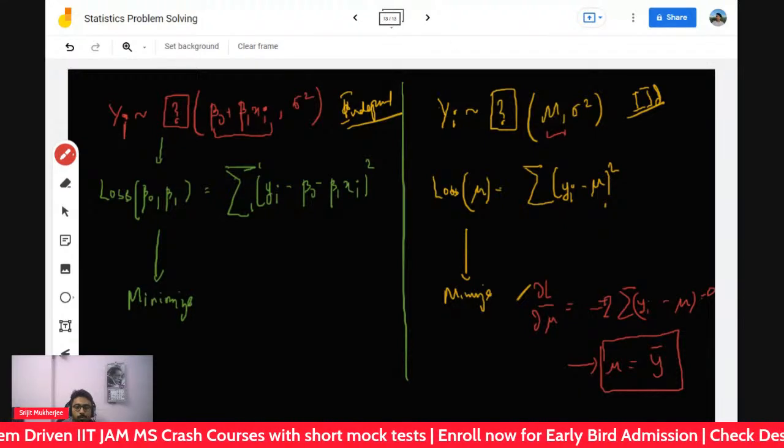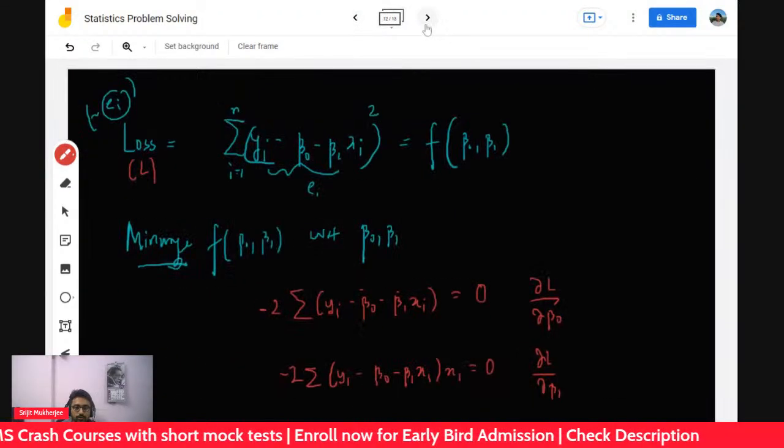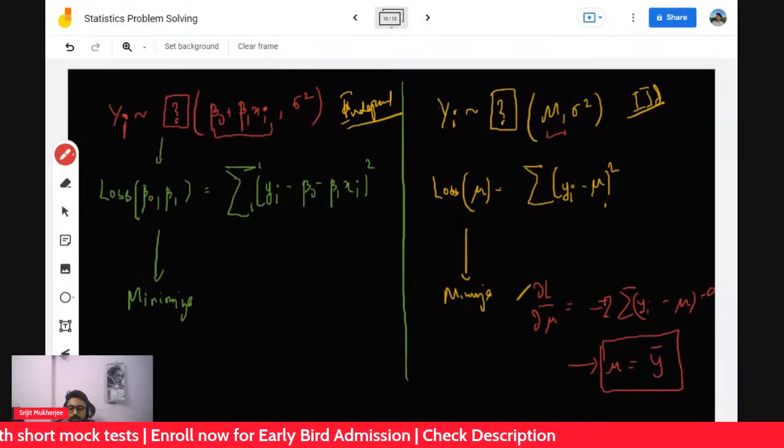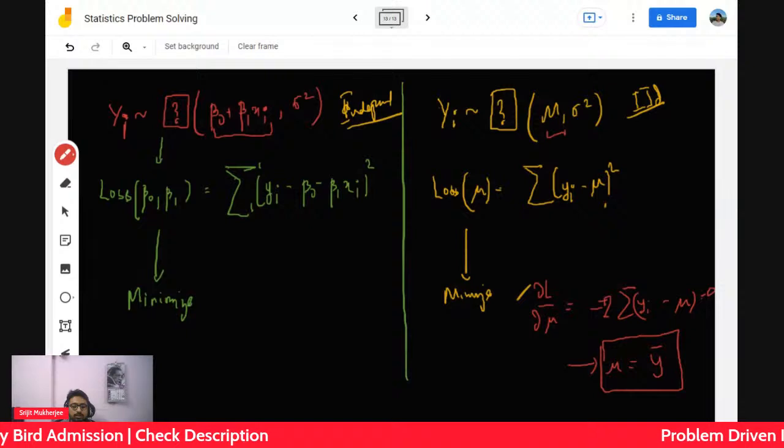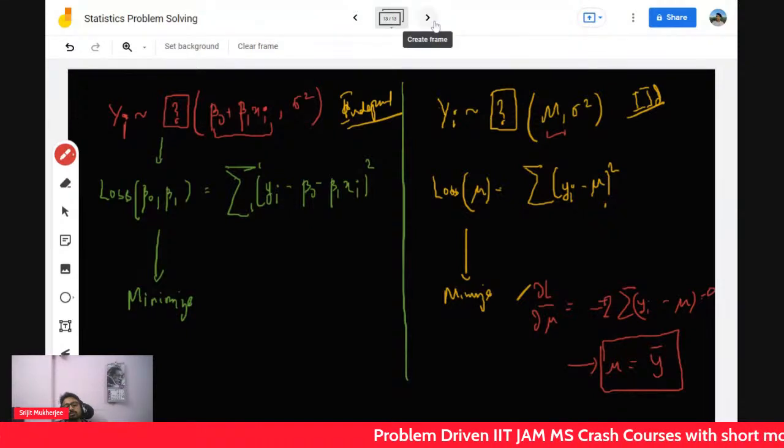Okay, so let's move on to the next idea. So this is only, I think, we will teach you this. No worries. Applications of least square estimator. So I will show you something interesting.